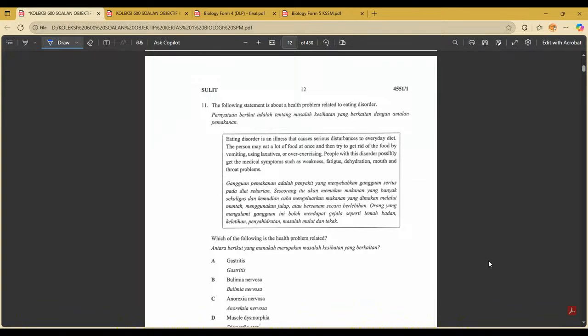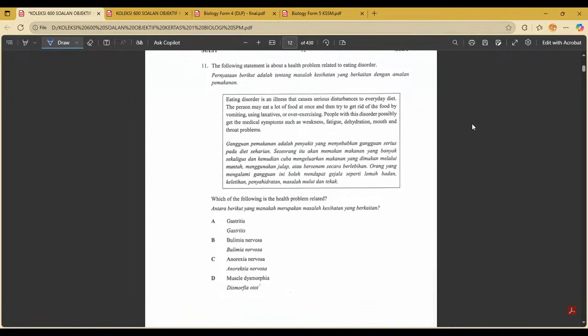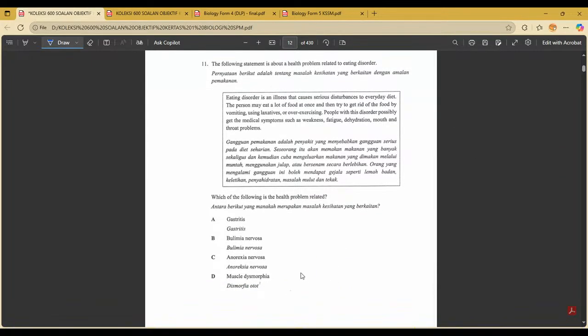Eating disorder is an illness that causes serious disturbances to everyday diet. The person may eat a lot of food at once, then try to get rid of the food by vomiting, using laxatives, or over-exercising. People with this disorder possibly get medical symptoms such as weakness, fatigue, dehydration, mouth and throat problems. Each of the following is the health problem related.